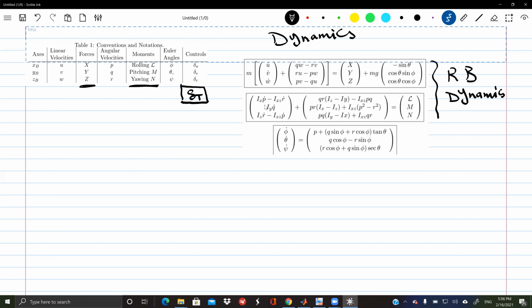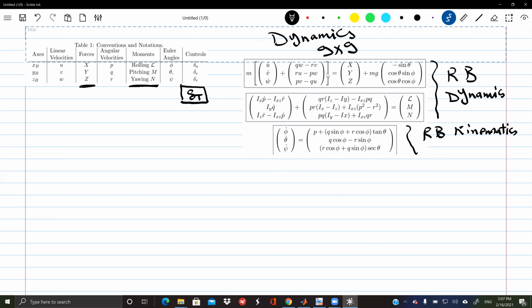Mass moment of inertia times rotational acceleration is the moment, L, M, N. And then what we call rigid body kinematics, the relation between our angular velocity components, P, Q, R, and the dots of phi, theta, psi. So these are 9 by 9 equations of motion, 6 dynamics and 3 kinematics, and they are coupled.